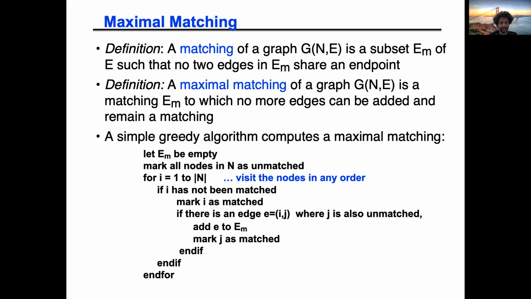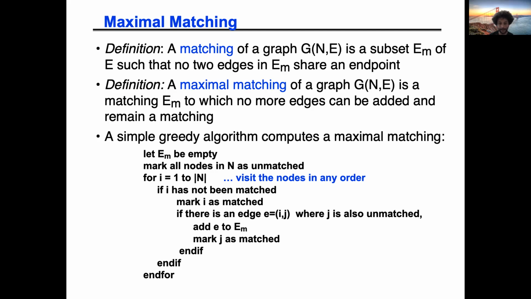A maximal matching is a very local algorithm. I don't want to spend too much time telling the difference. Maximal is just a local optimum. You're given a matching, you cannot add more edges and improve its cardinality. It is not a global optimum.